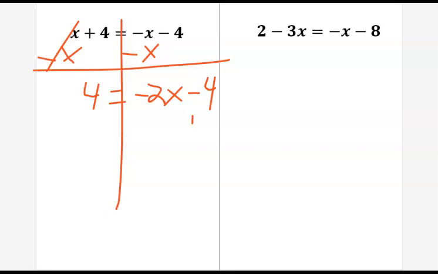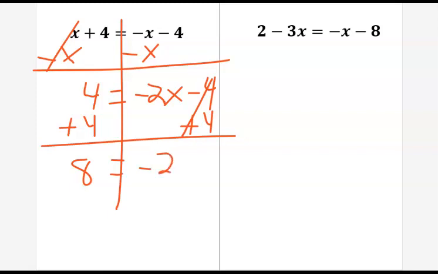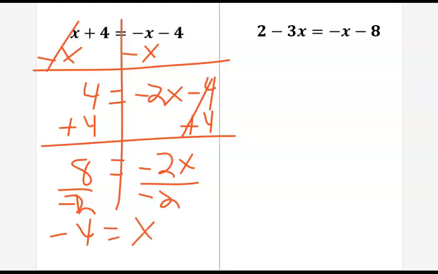I'm still going to move that 4 over and add 4 to both sides, giving me positive 8 on the left and negative 2x on the right. Okay? Still need to isolate that variable, so I'm going to divide by negative 2, and that is how we keep our answer positive in this case, and we still get the same answer of negative 4, because negative 2 divided by negative 2 is just 1x.